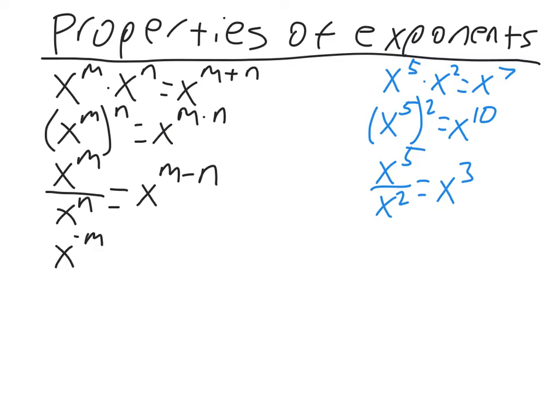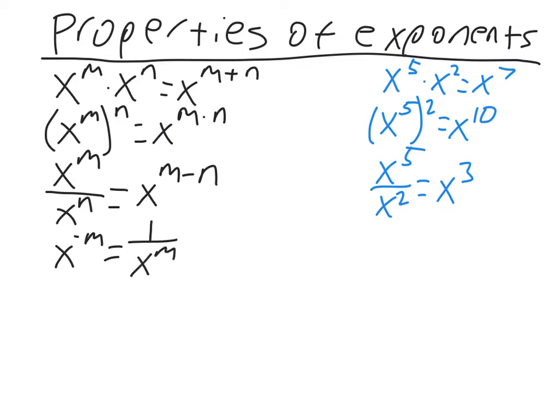So if you ever have a variable raised to a negative exponent, then what happens is you need to bring it into the denominator. So essentially it's the reciprocal. So you would say 1 over x to the m.